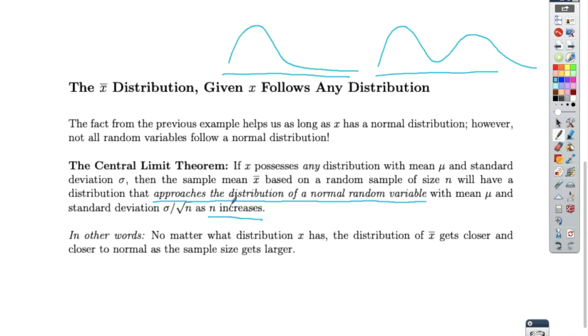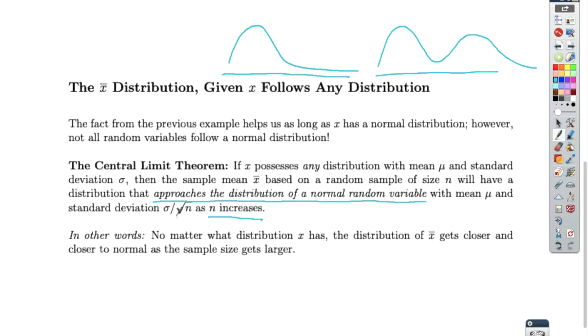Now this is kind of close to what we were talking about with the law of large numbers a while ago. As your sample size increases, your sampling distribution gets friendlier and friendlier, and what we mean in this case is that it approaches a normal shape. On that normal distribution, the mean will still be mu, so the mean does not change.